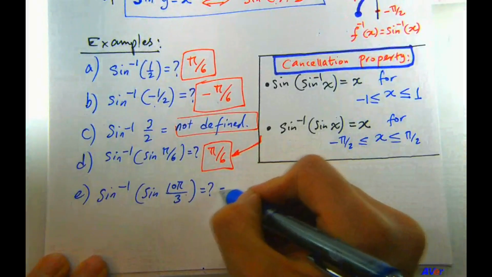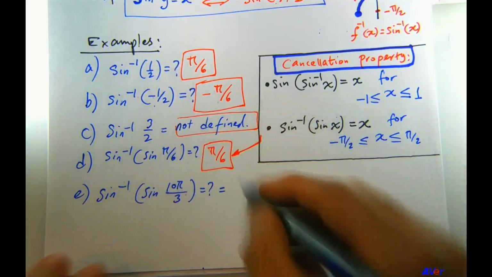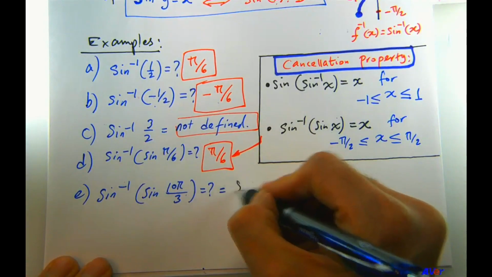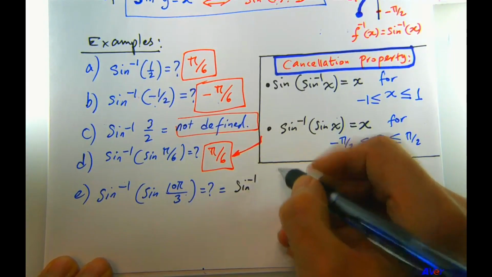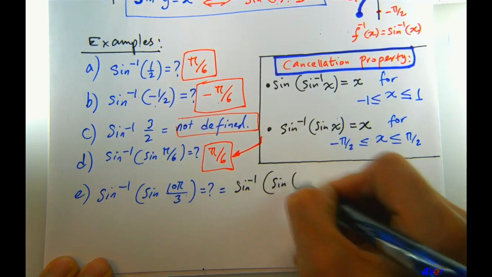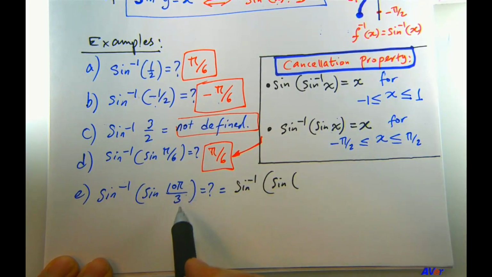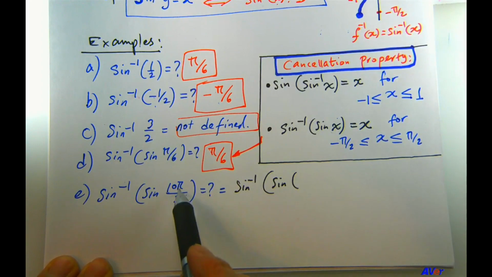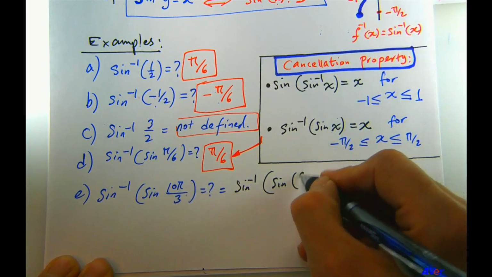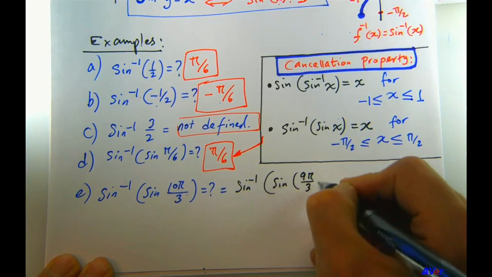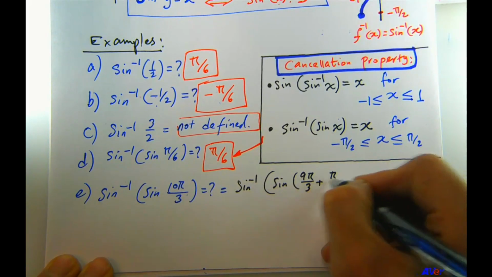Well, this is equal to inverse sine of sine of, 10 pi over 3 can be written as 9 pi over 3. Let me do it in steps. 9 pi over 3 plus pi over 3.